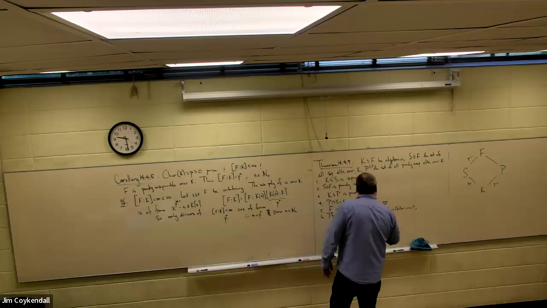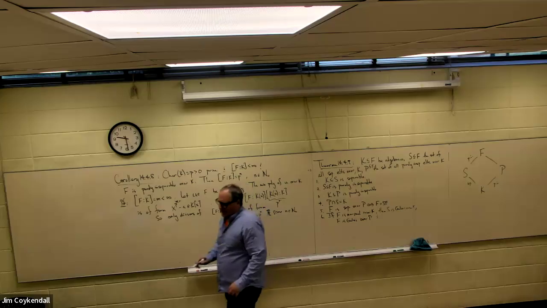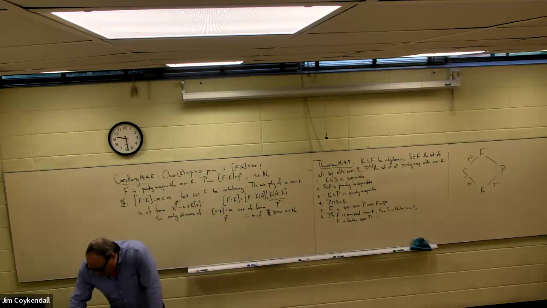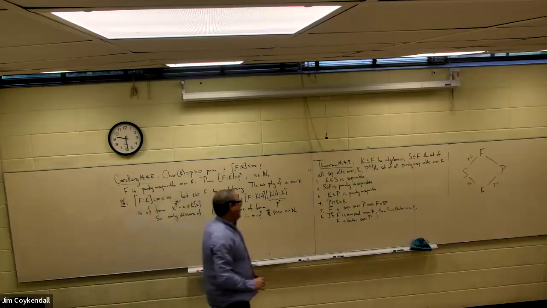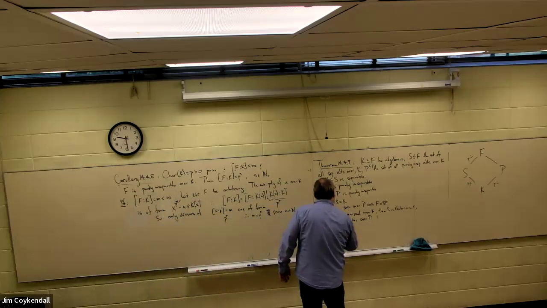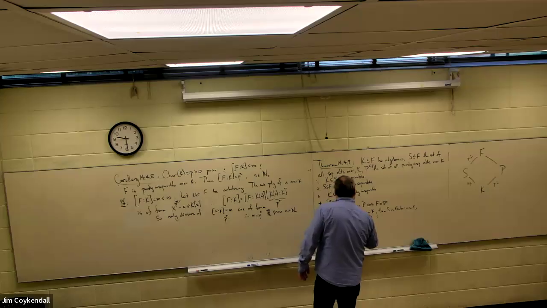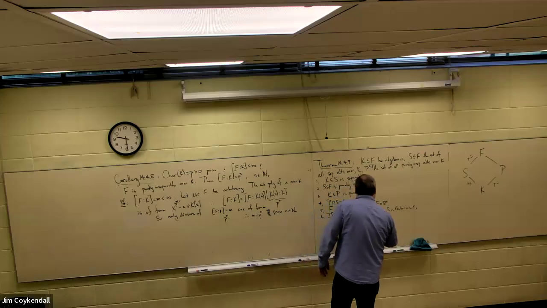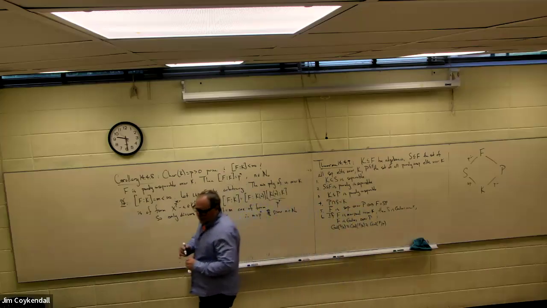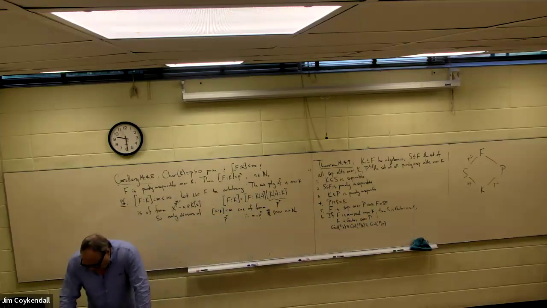F is Galois over P, and the Galois group of K S over K. These are all the same. So all the relevant Galois groups are essentially the same thing.